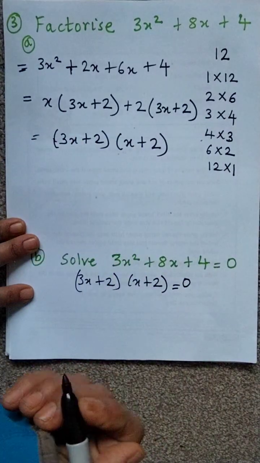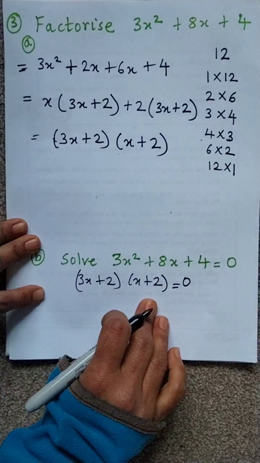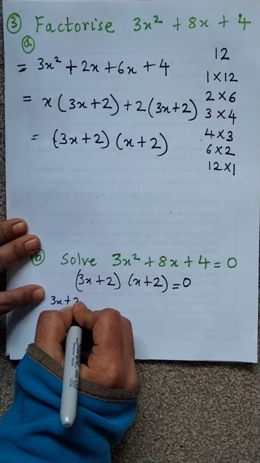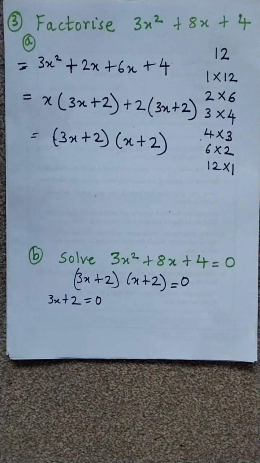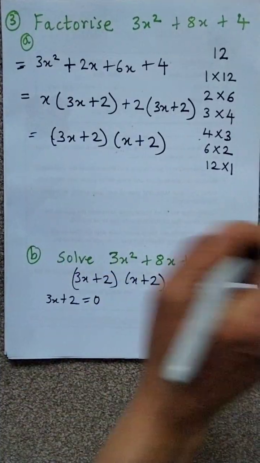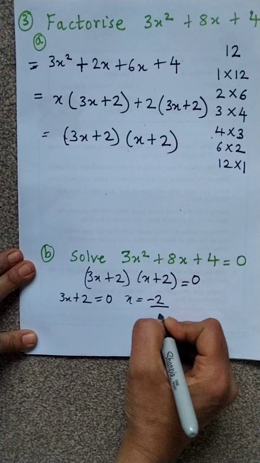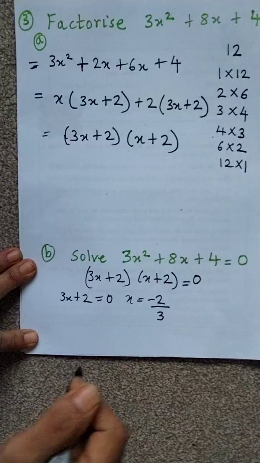Therefore 3x plus 2 is equal to 0 or x plus 2 is equal to 0. So first, 3x plus 2 is equal to 0. What is x equal to then? x is equal to minus 2 over 3.